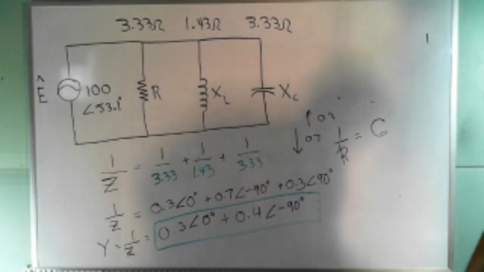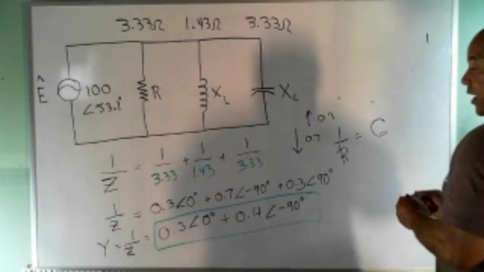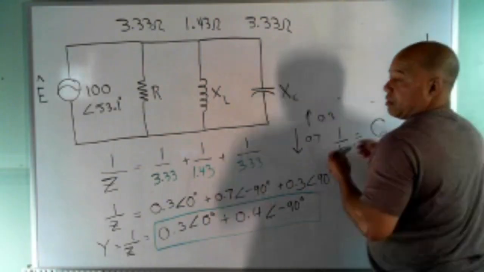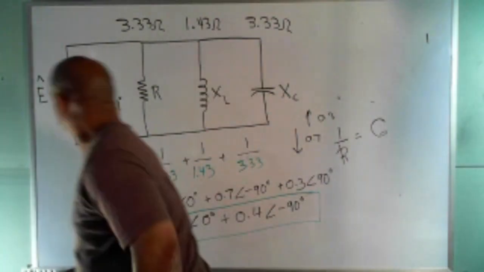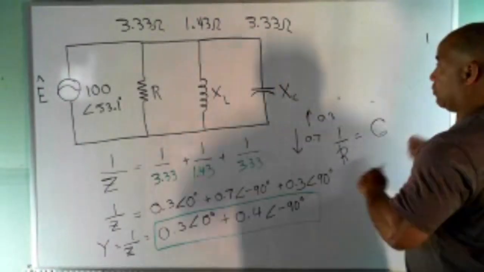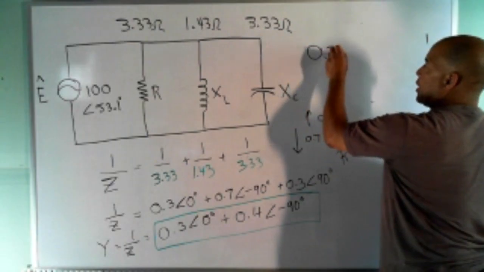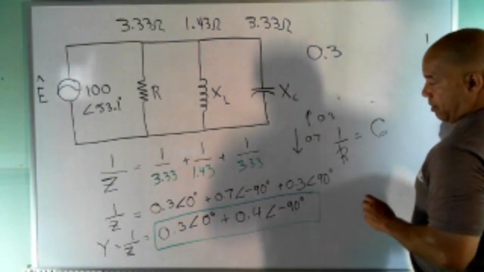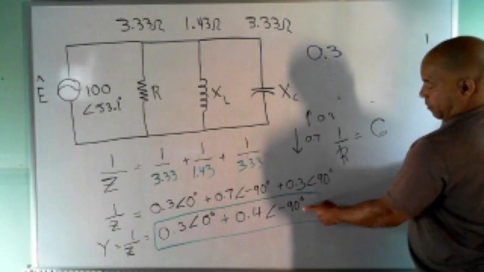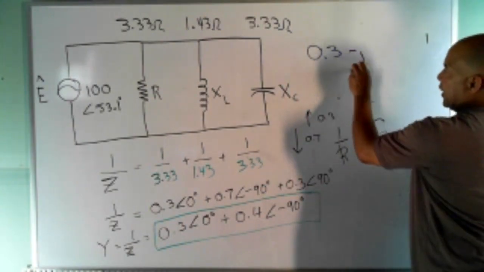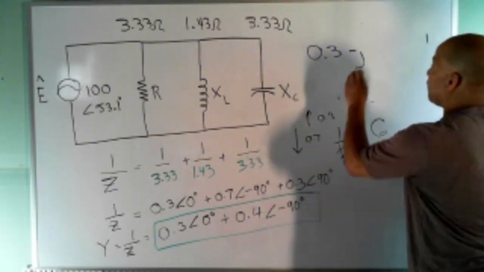Let's see. If I convert that to rectangular form, I get 0.3, and then my 90 degrees means I have a minus j, and then I have the 0.4.